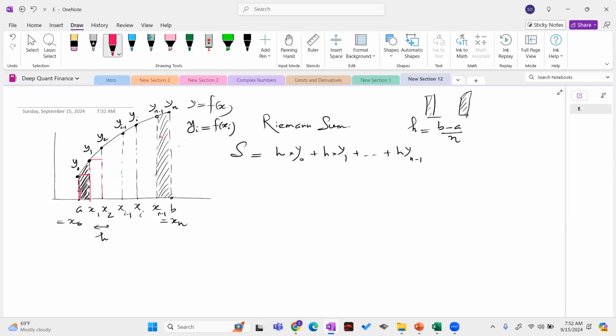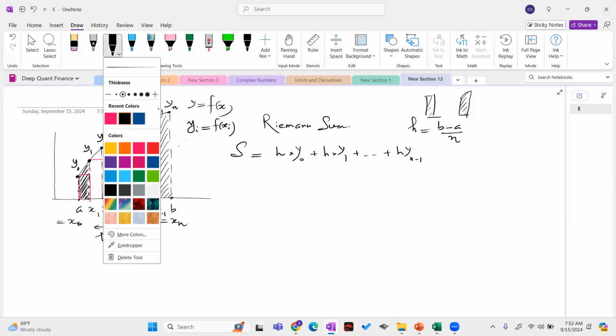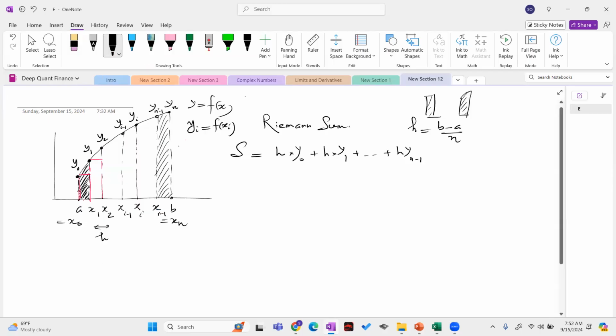Now, question to you: if I use this definition of taking the rectangles, then would I underestimate the area or overestimate the area? Others please participate. As per this curve, I am missing out a few pieces of the slice, right? So definitely we will underestimate.